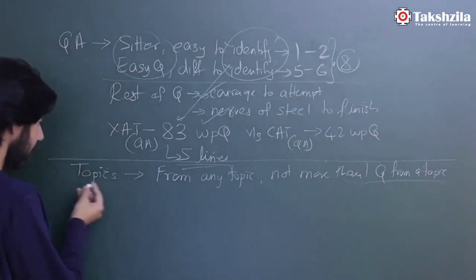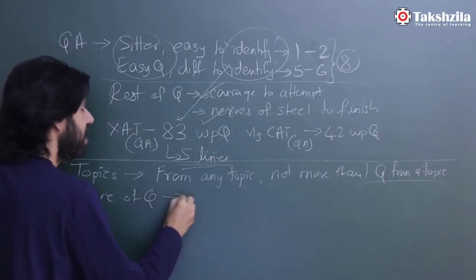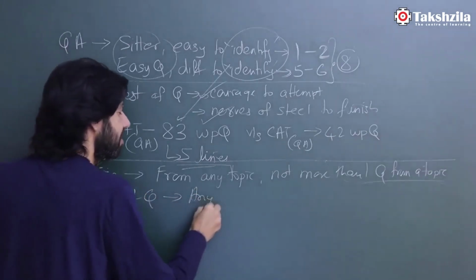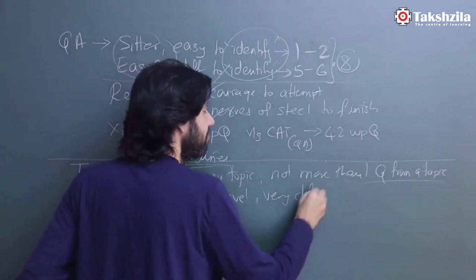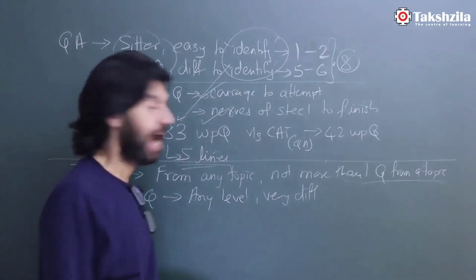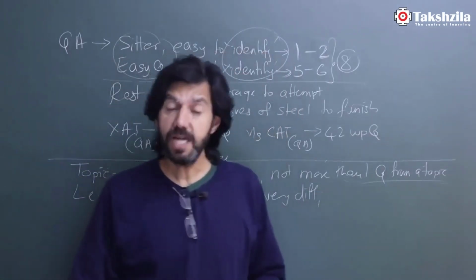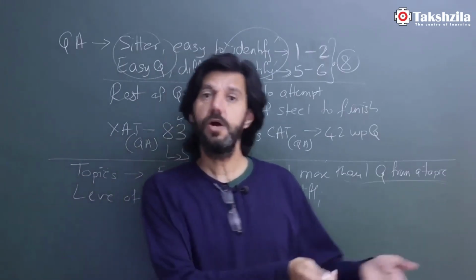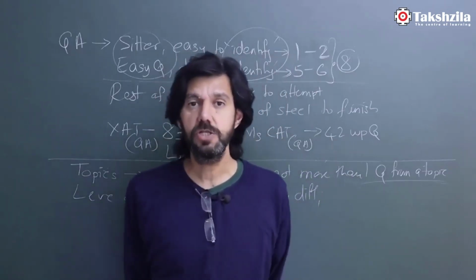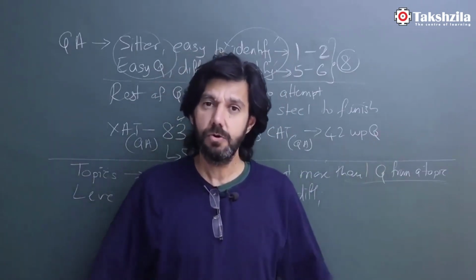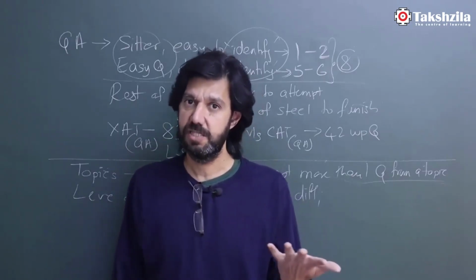If there's one, let's go ahead to the level of questions. Again, it could be any level, including very difficult ones also. So even if there is a probability question, what if the question turns out to be a very difficult one? So you have spent a lot of time studying probability, and suddenly that's of not much use in your exam because the question was berserk, totally out of the world. And XAT has surprised us with the kind of difficult questions it has asked.